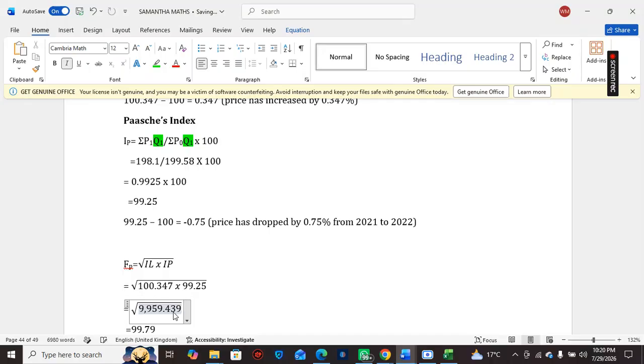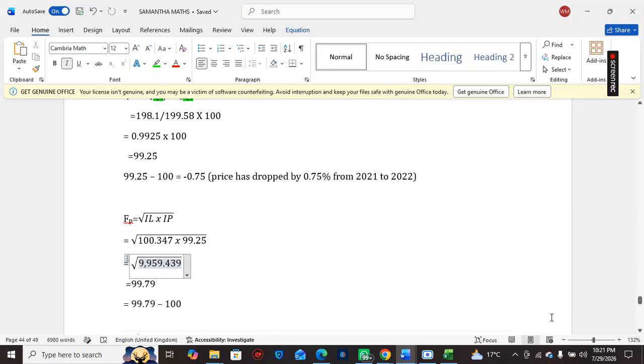Then we get the square root. Square root of 9,959.439. And you get 99.79.